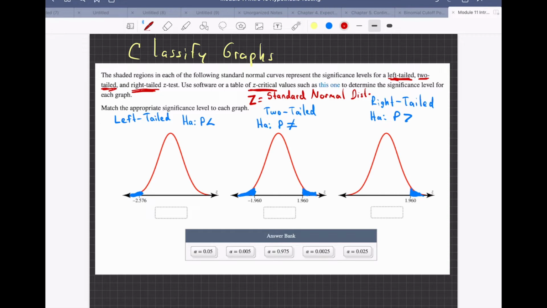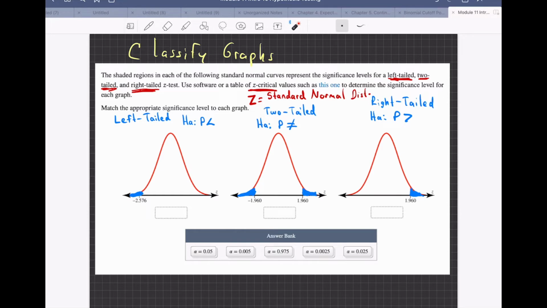Remember that a random variable with standard normal distribution has mean equal to 0 and sigma equal to 1. So essentially here we have to find these areas given the standard normal distribution.